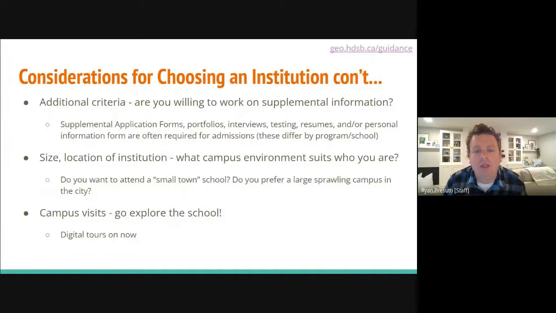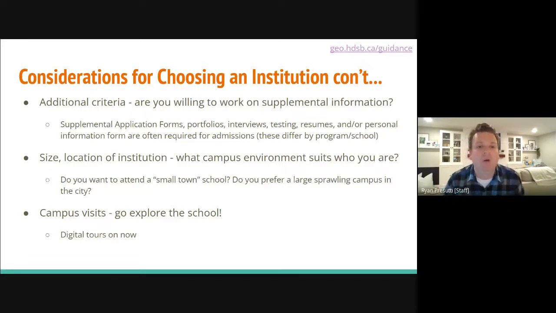Other considerations that you and your student might be thinking about are additional criteria, such as supplemental forms, portfolios, interviews, testing, resumes. Lots of colleges for some health science programs do require extra tests to be done. Are those things that your student is willing to do? If they are, that's great, and that opens up options for post-secondary choice.